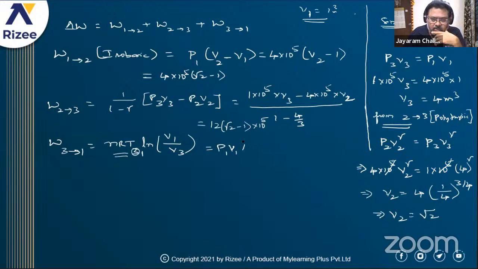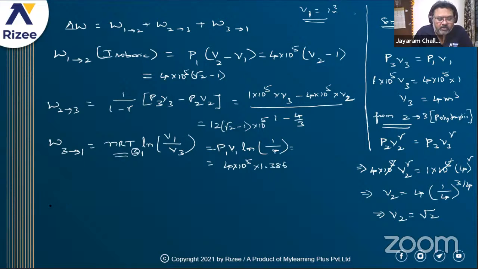So into ln of the volume, V1 by V3, 1 by 4, like this. Since the volume has been decreasing, a negative sign will be there. If I take that inside, it will be complete. So let's calculate this one. PV is equal to 4 into 10 to the power of 5 and ln of 4. Log base e of 4 can be written by multiplying with 1 per 2.303 base 10. So 1.386 should be the case.